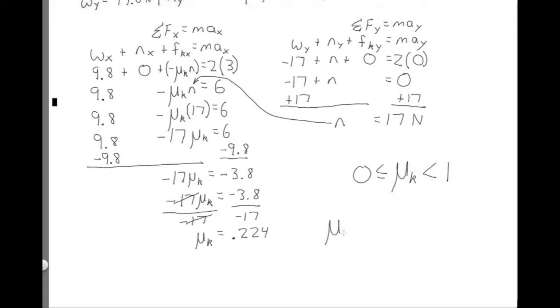If you had gotten a result for mu sub k of, say, 1.2, that would almost certainly be wrong, because on typical problems, mu sub k would almost never be greater than 1. So this would be a result that would almost certainly be wrong. So yes, this result does make sense because it's in our typical range for mu sub k.